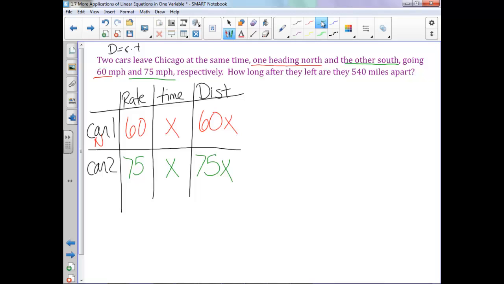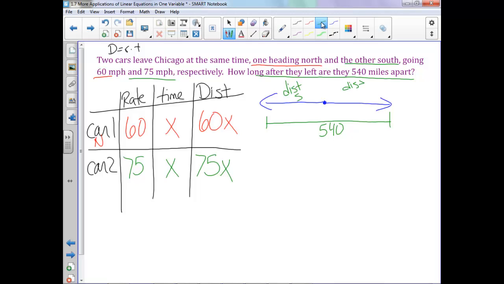Now, before we get to an equation, let's think about this. They both started here. We had one car go this way, one car go this way. We want to know how long after they left were they 540 miles. So when was this distance 540 miles. Notice this is the distance that the south car went, and this is the distance that the north car went.